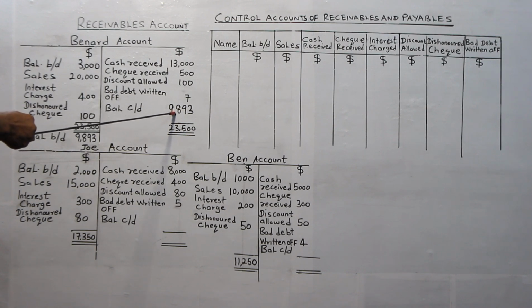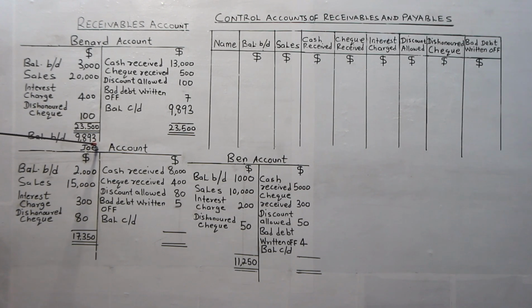Then for the next period, this 9,893 is taken back to the debit side under the closed figure of 23,500, and it becomes balance brought down. That is $9,893, the same as the balance carried down, which is the closing balance of receivables, and this becomes the opening balance of receivables at the beginning of the new period.